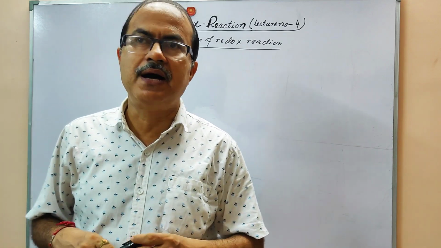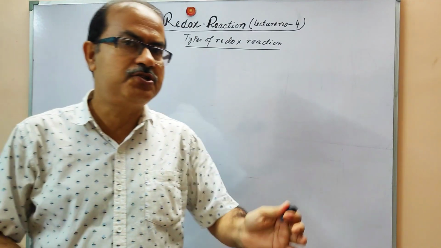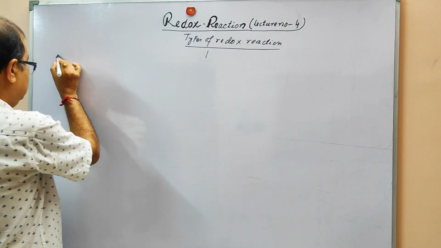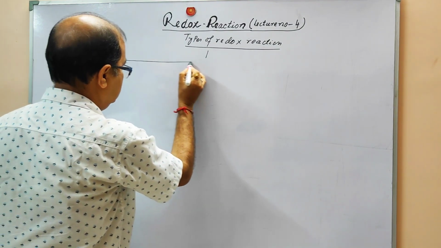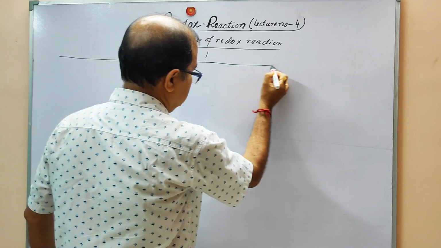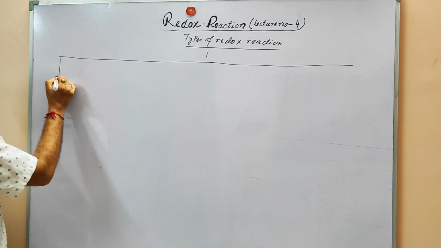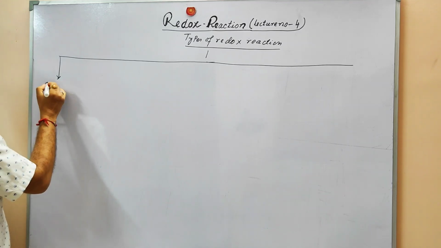So what are the classifications of the redox reaction? Let us understand. Redox reactions are classified in 4 ways.